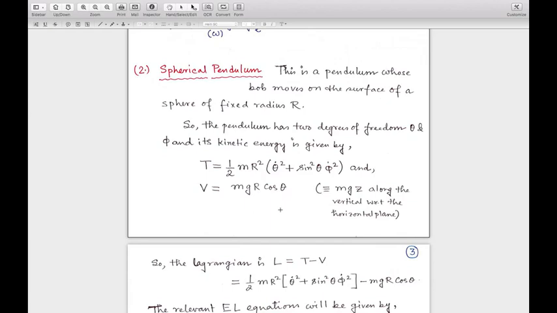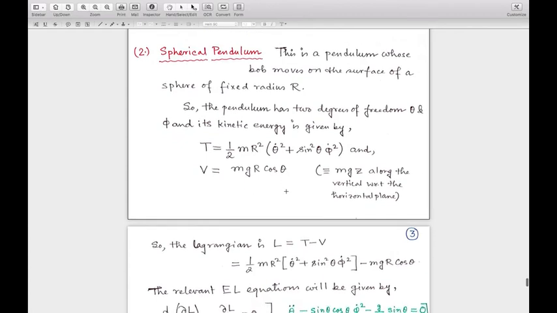then at some angle theta, which it is making with the vertical, so basically just a minute. So its vertical distance from this equatorial plane gives potential mgz, where z will simply be r cos theta, where theta is the co-latitude.